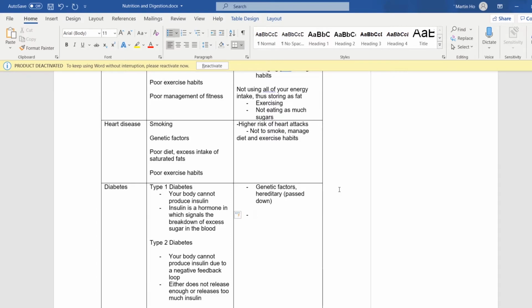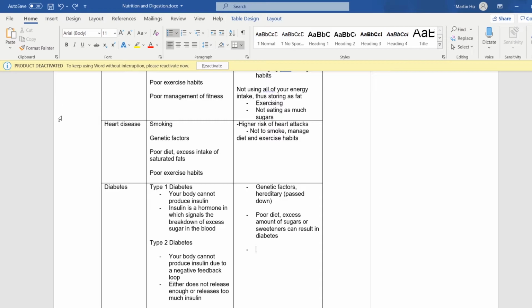Alternatively, poor diet, due to the excess amount of sugars or sweeteners, can result in diabetes as well. The more we work our pancreas, the more likely we will have diabetes, just because we're working it too hard and it will not be able to keep up.